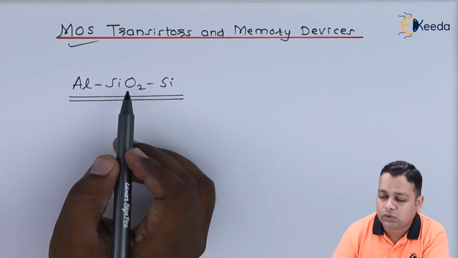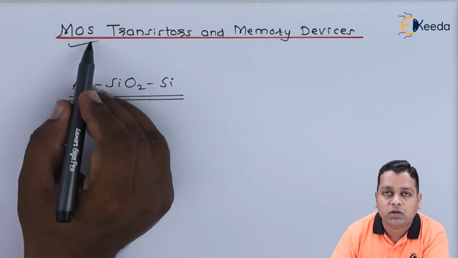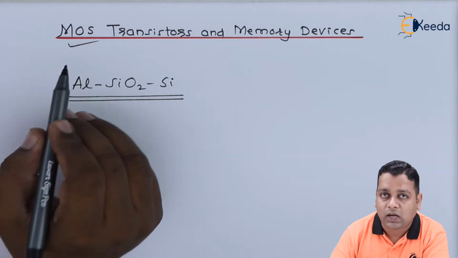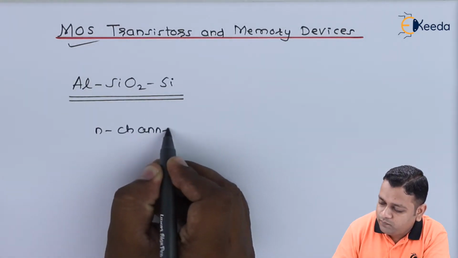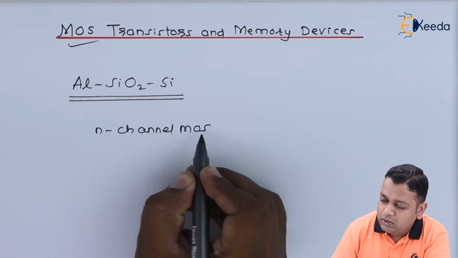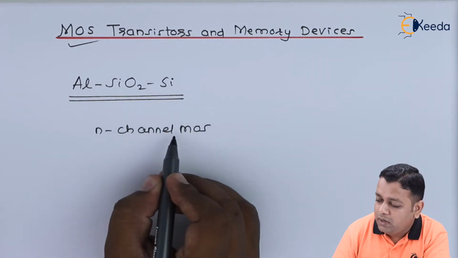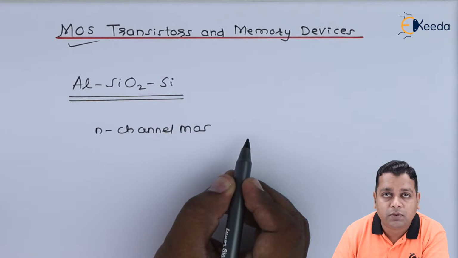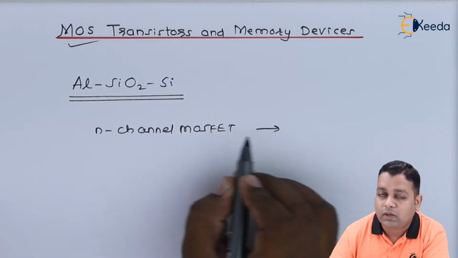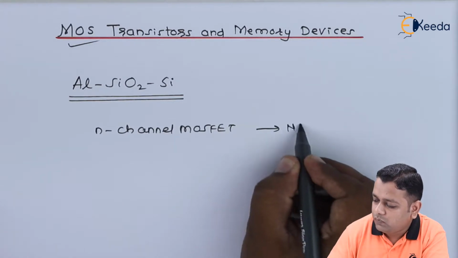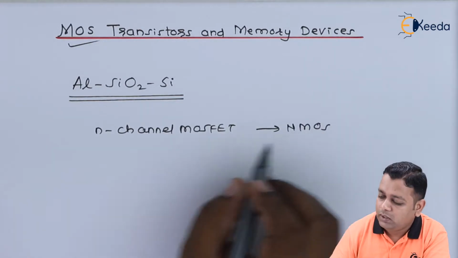So now as we have MOS here, we have types like the N channel MOS. The N channel metal oxide semiconductor field effect transistor can be abbreviated as NMOS here.